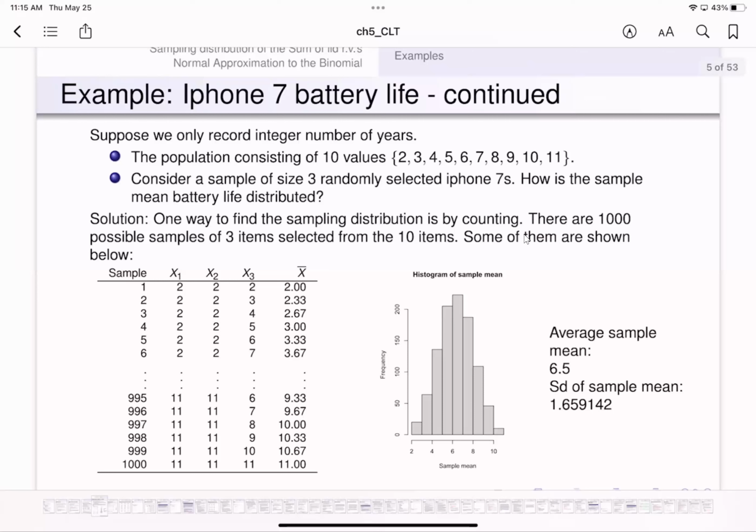For each sample that contains those 3 values, we calculate the average, and the last column in this table gives us the average lifetime from a sample with 3 customers.